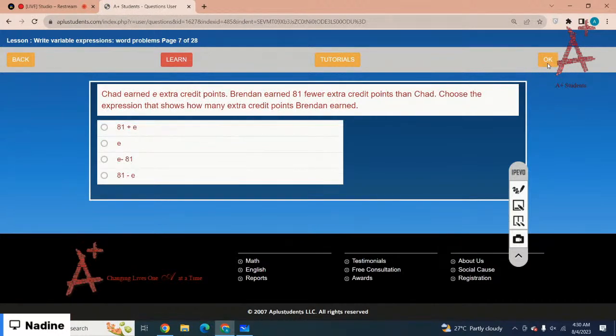Shed earned E extra credit points. Brendan earned 81 fewer extra points than Shed. Choose the expression that shows how many extra credit points Brendan earned. 81 fewer points than Shed. So, which is the correct option?